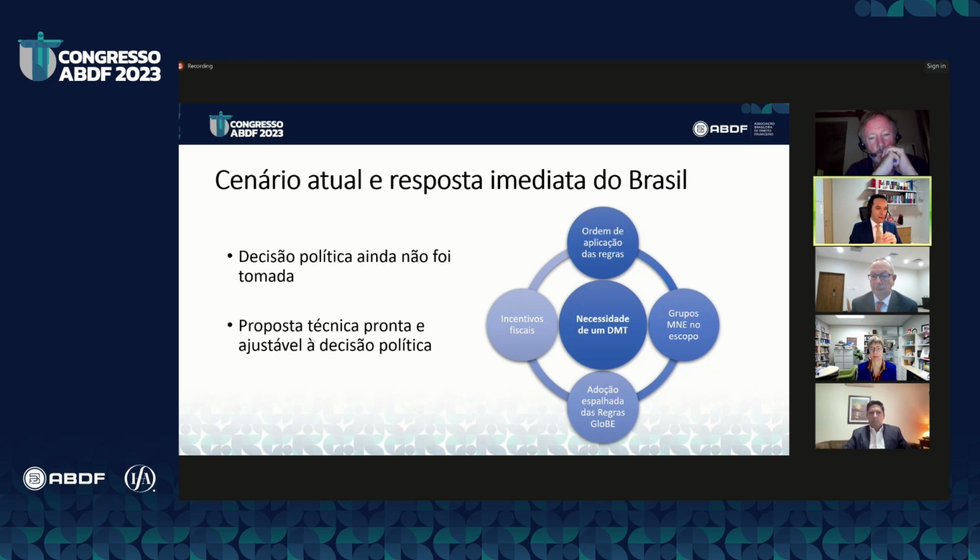Então, apesar dessa decisão política não ter sido tomada, tecnicamente a proposta está quase 100% pronta para que o Ministério da Fazenda e o governo brasileiro possam avaliar o melhor momento, né? Nós temos essa questão da agenda de reformas, o Ministério está ciente, o governo está ciente da possibilidade de que ano que vem já tenha tributo que possa ser arrecadado em outra jurisdição, portanto, nós temos uma medida pronta dependendo apenas dessa decisão política.